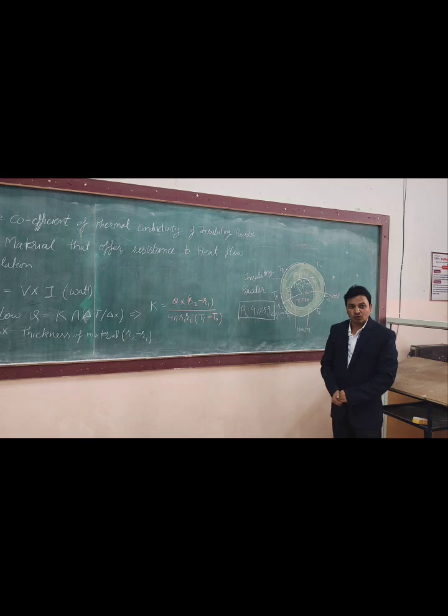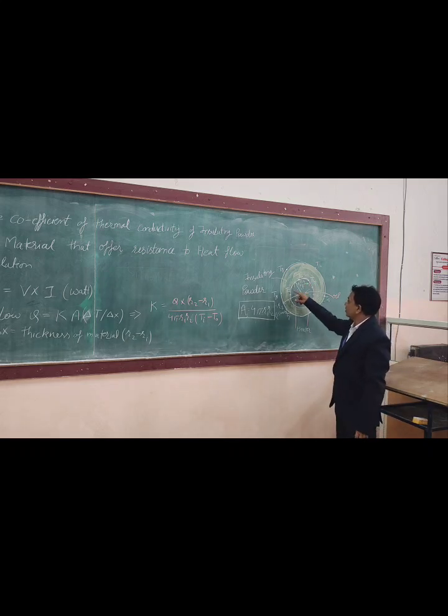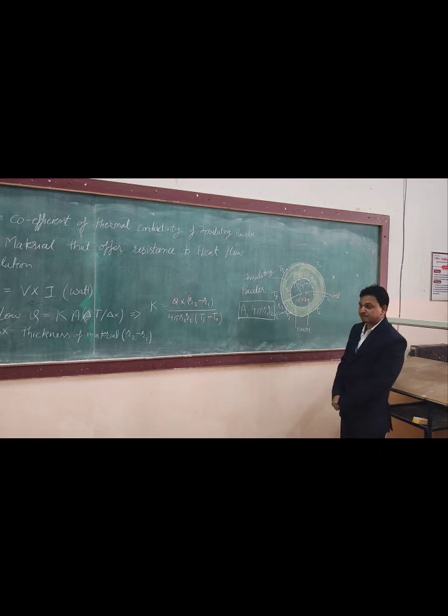There are two concentric spheres in this experiment: an inner sphere, which will be filled with oil and has an electrical heater attached, and an outer sphere. The thickness between the concentric spheres we fill with the insulating powder, for which we have to determine the thermal conductivity.